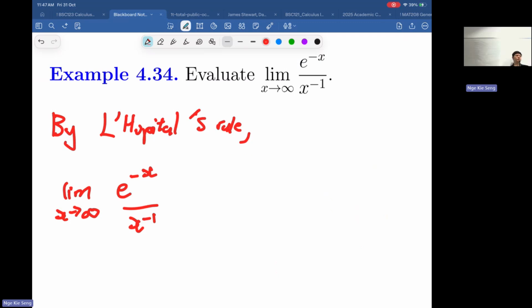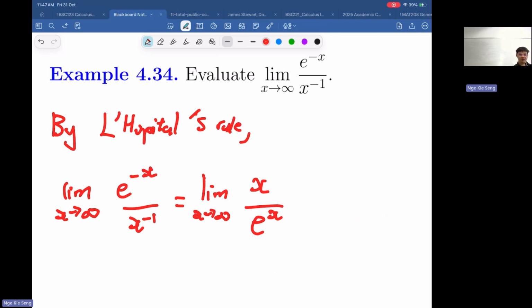Okay, what did people do? Can anyone tell me what you did? You want to try? 0, but how do you compute? How do you use L'Hopital rule here? Actually, I think you change this into some form that maybe is easier to differentiate later.